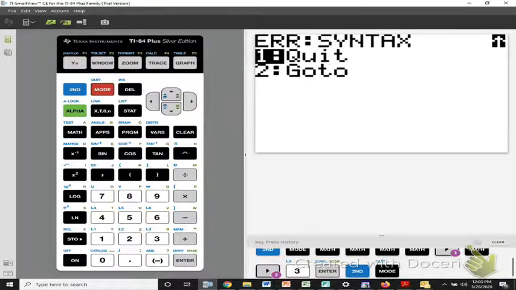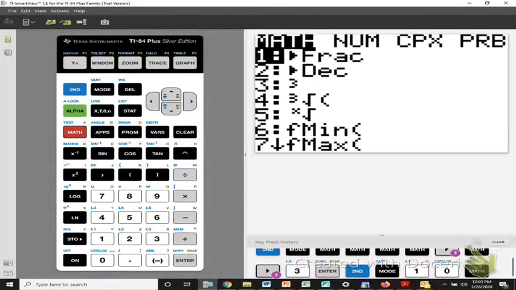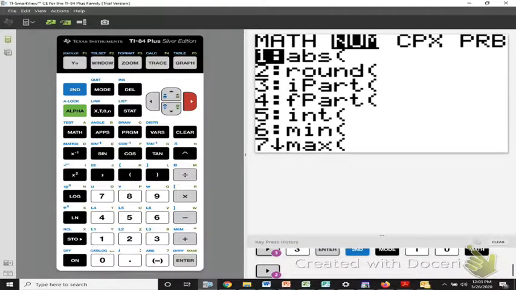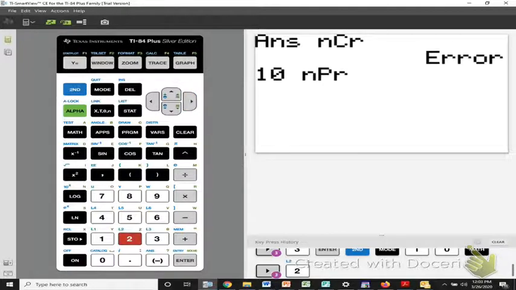I'm going to quit and get back to the home screen, and I want to do 10 things: math, and go over to probability, and let's do a permutation, number 2, 10 things, 3, and hit enter, and we get 720. So that was the answer to the first problem. We had 720 ways that the 3 horses could finish.